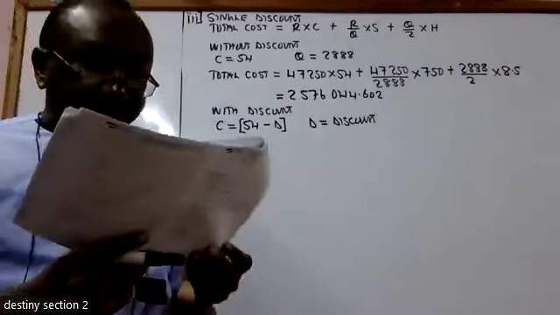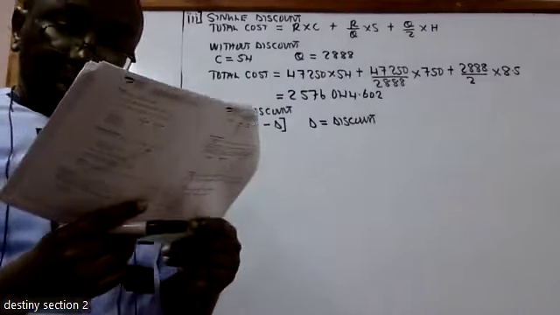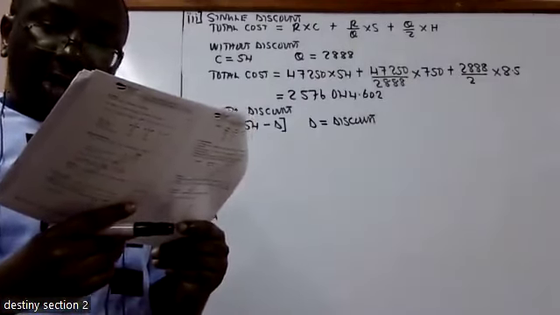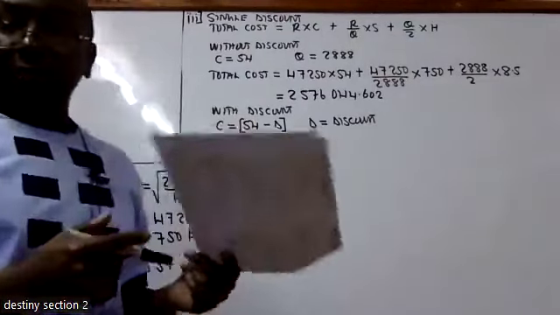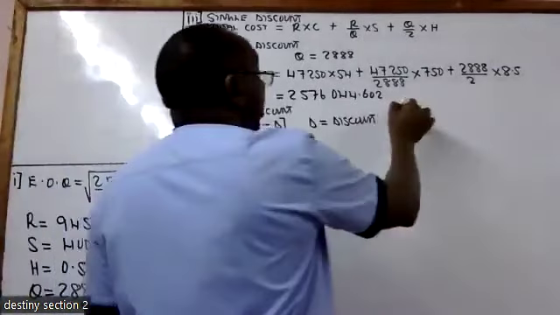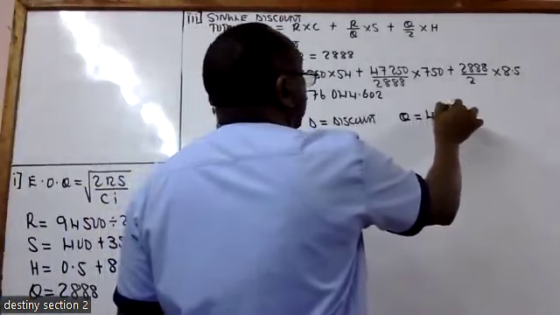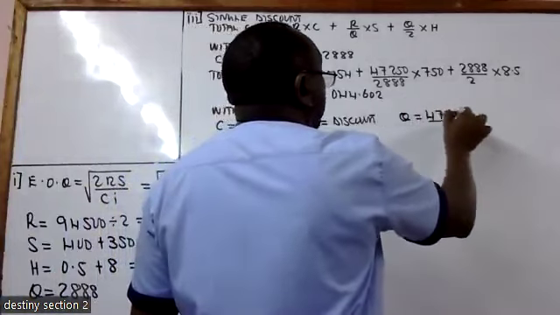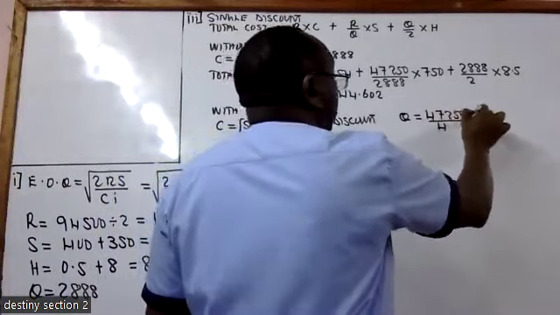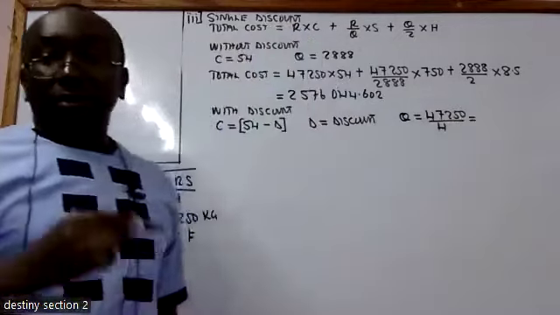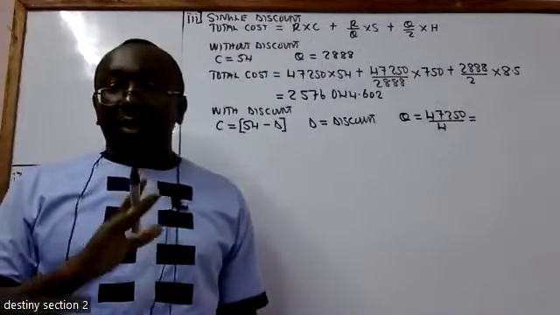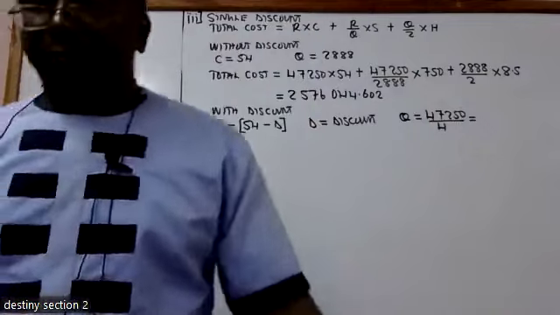And then he's proposing to order quarterly. So if he's going to order quarterly, our Q will be 47,250 divided by 4. So you will order 4 times.